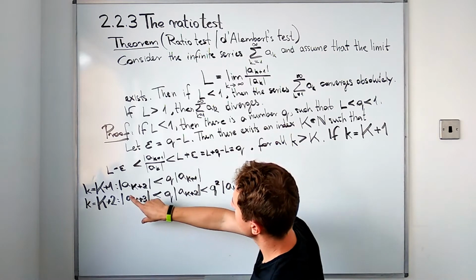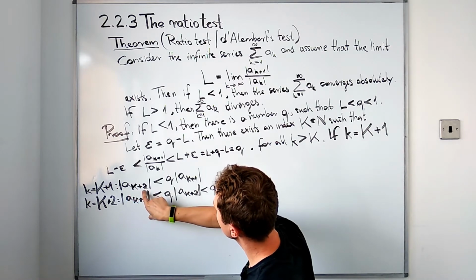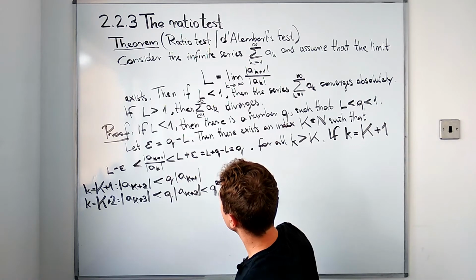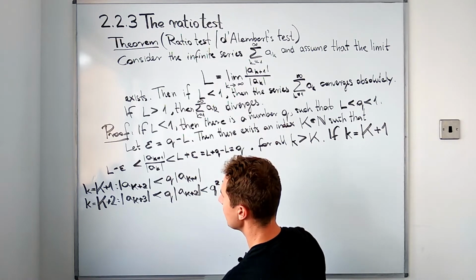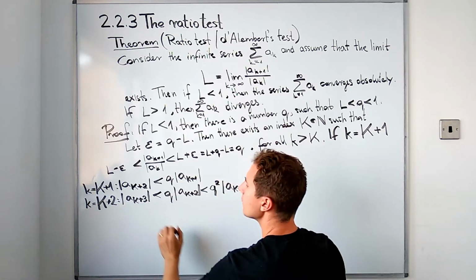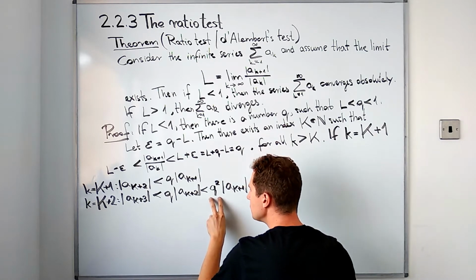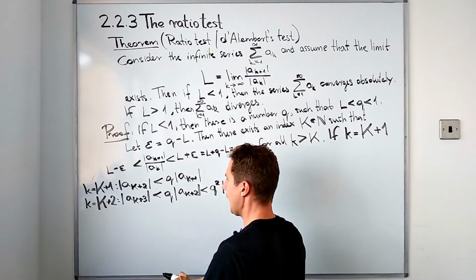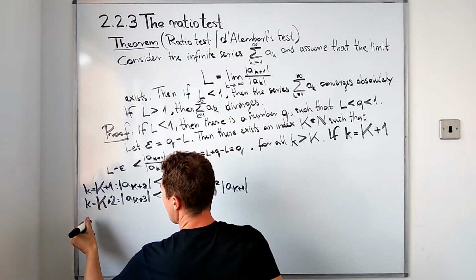Okay, so we now see that the absolute value of the K plus second term is bounded above by Q times the K plus first term in absolute value, and the next one after that is also bounded above by Q squared times the K plus first term in absolute value, and this keeps happening.